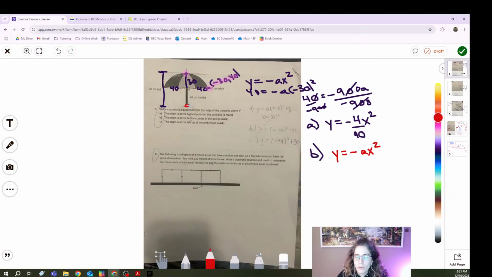So my guess is y is coming straight down 70. It's still opening down. X is not shifting at all, which would make x 0. But then I can't have 0 times a because then I just have nothing. Ooh.